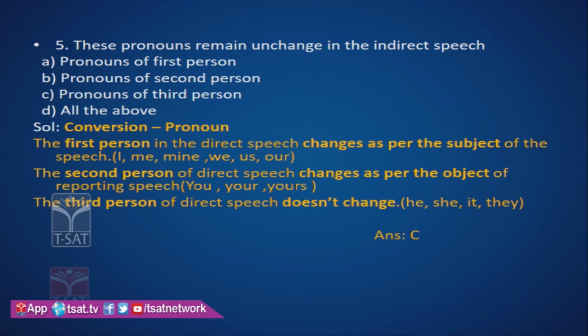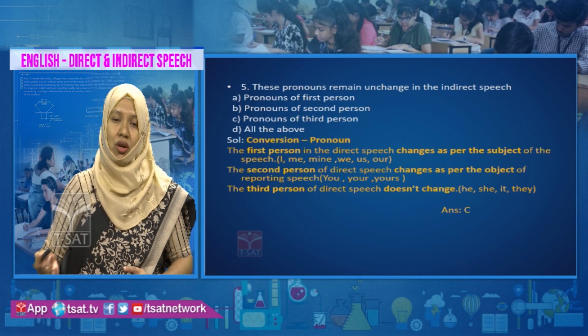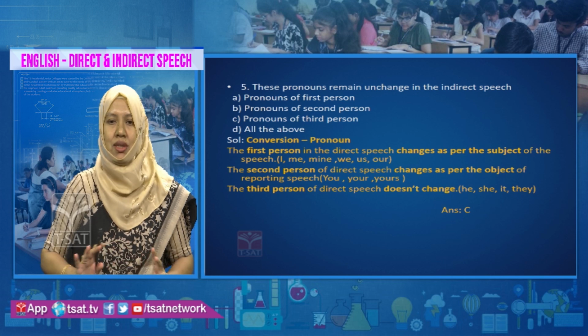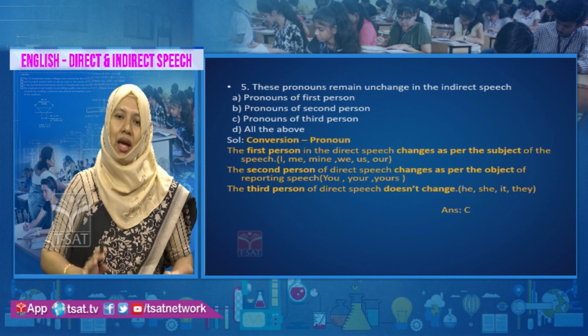Remember the rules of conversion of pronouns. The first person changes as per the subject: I, me, mine, we, us, our. The second person changes as per the object in the reported speech: you, your, yours. Third person doesn't change. He, she, it, they will remain as they are.